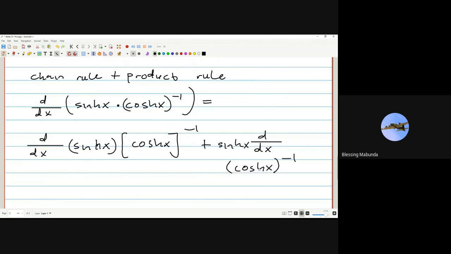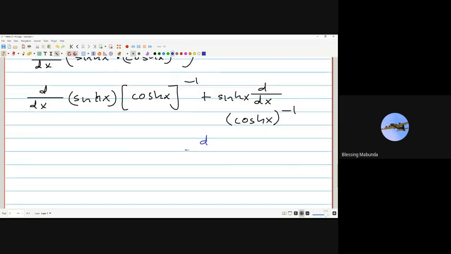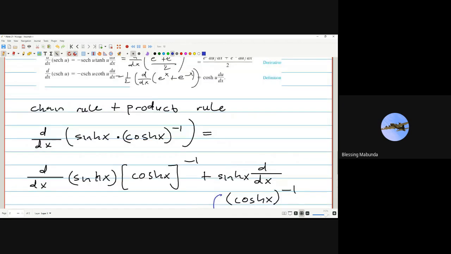And you already know how to do this one, because you can just invert it and then we're looking at the d dx of 2 divided by e to the x plus e to the minus x, like that. But as you can see, it involves a lot more work.